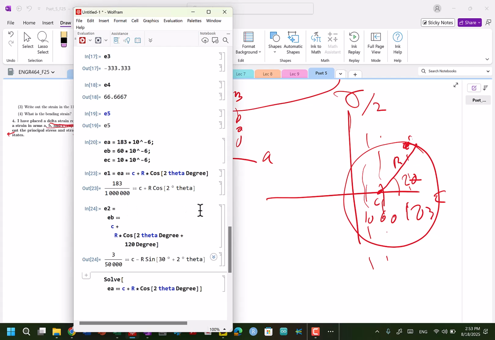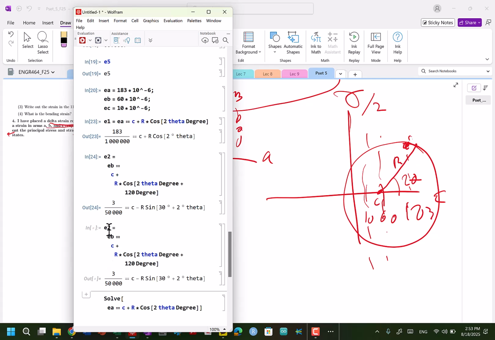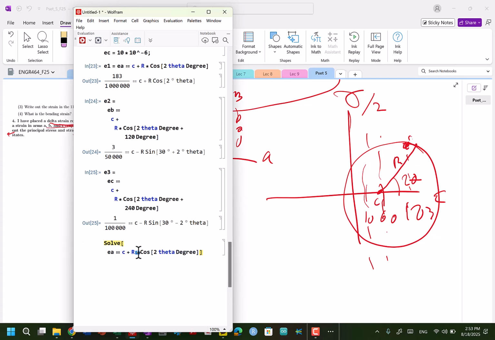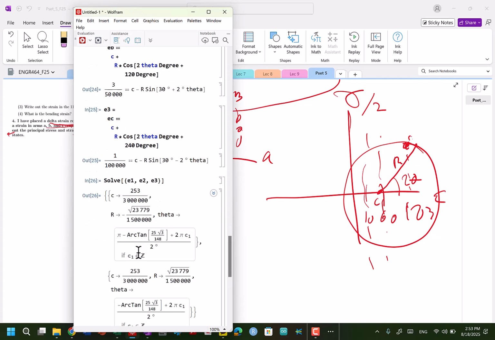And then finally equation 3 is going to be EC, and then it's going to be 240. Great. And now we're going to solve. Three equations, three unknowns. We're going to solve for E1, E2, E3. Give us those values. Let's look at it numerically.